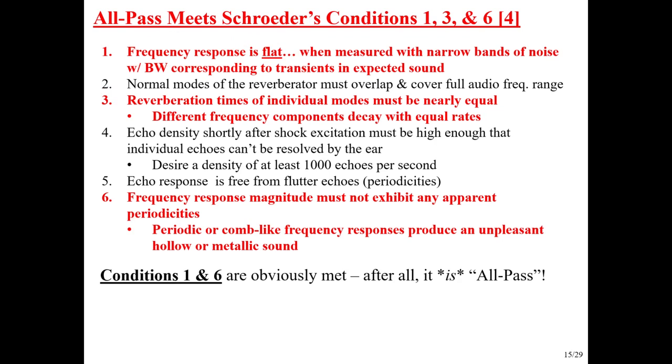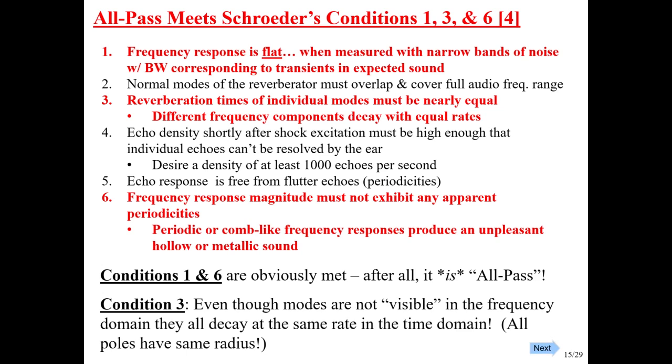So I'm just writing out what I just said. Conditions 1 and 6 we just get because any all pass will satisfy each of those. And condition 3, we already had before. But notice that our modes are not visible in the frequency response magnitude. But we know that there are poles there.